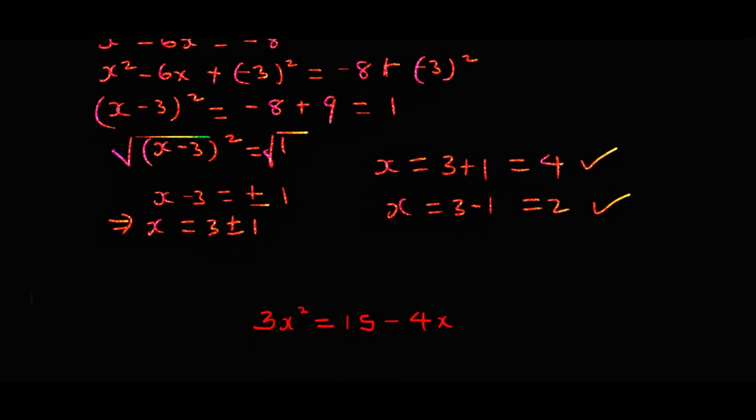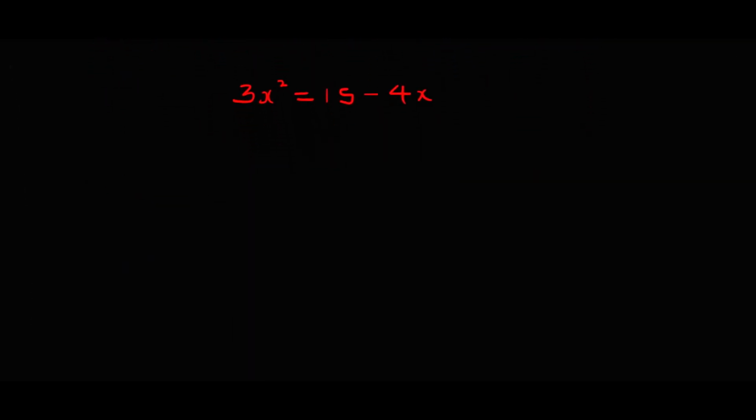Now let us look at the next example, that is 3x squared is equal to 15 minus 4x. So the first thing would be to write this in standard form, in which case it will be 3x squared plus 4x, because if you take the minus 4x to the left, it will be plus 4x.